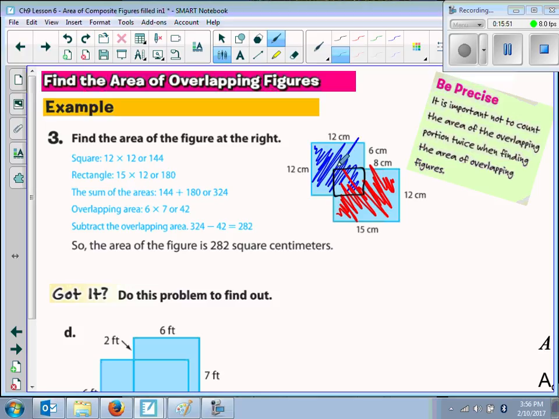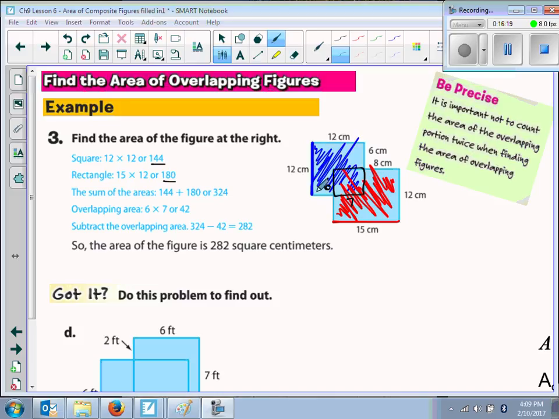So that's how we've got the area of the top, the blue triangle up there. It's 144. We have the area of the red rectangle, that's 180. And then we had to find the dimensions of this middle part, and you know how to do that. So now you have to find the area of the middle piece.